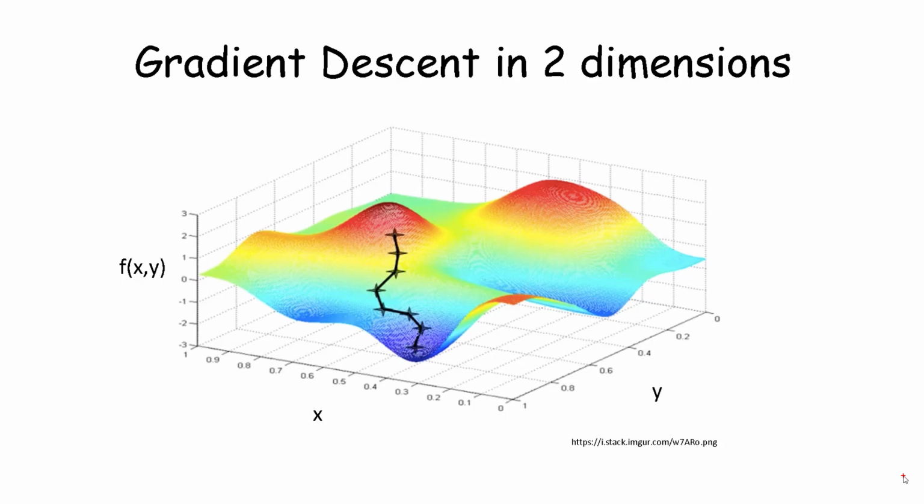If we have a function of two variables, x and y, the value of the function can be visualized in 3D. The height of the surface and also the coloring reflect the value of the function f for any given x and y coordinates. The goal here is to find a location of x and y where the value of the function is minimum.